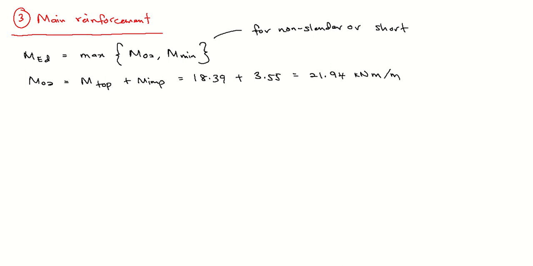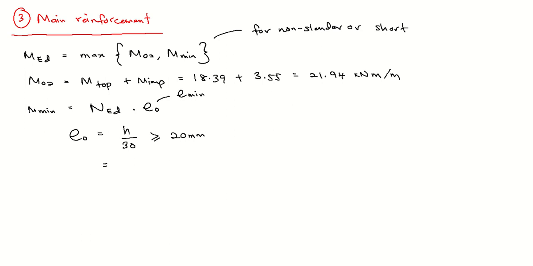Next, we want to calculate the M minimum. M minimum is equal to NED times E naught, where E naught is the E minimum. This E naught is equal to H over 30 or 20 mm, whichever is greater.